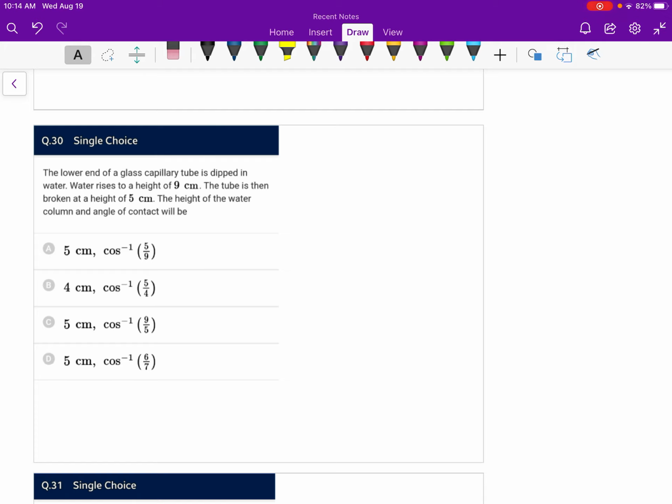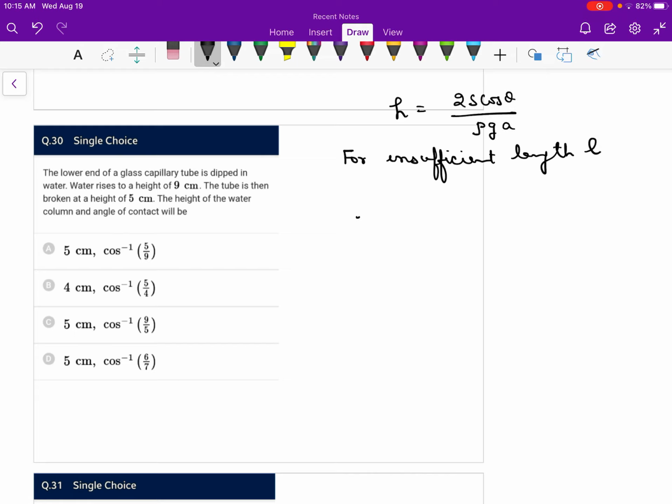The lower end of a glass capillary tube is dipped in water. Water rises to a height of this. The tube is then broken at a height of this, the height of the water column. So when the tube is of insufficient length L, we have capillary action, H is 2S cos theta upon rho g r. So when the tube length is insufficient, the liquid rises to full length and the meniscus radius and contact angle change.